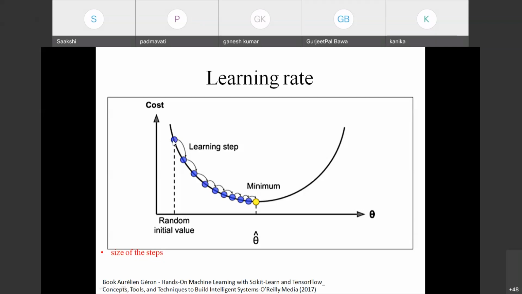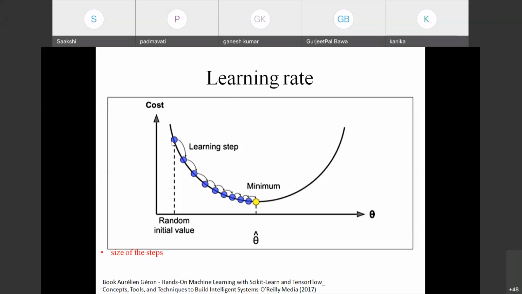Now, as the cost is not 0, I need to iterate through those steps: forward propagation, backward propagation. In backward propagation, what are we trying to do? We are trying to compute the derivative at that particular point, take alpha times that derivative, and subtract it: W minus alpha times the derivative of the function over dw1.